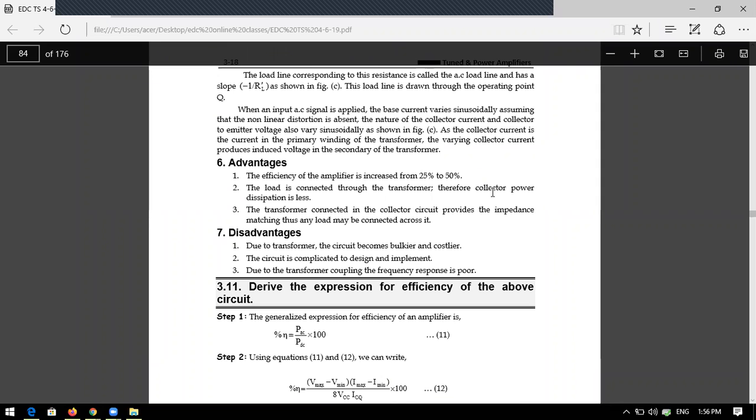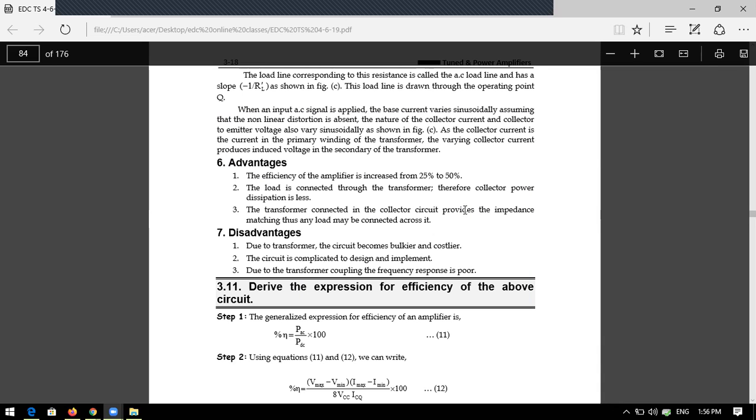So what is the advantage? It increases the efficiency up to 50%. And the other advantage is that you are connecting the transformer, so you are getting impedance matching. Power dissipation is less, and it also provides impedance matching.